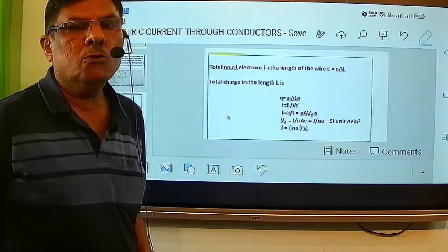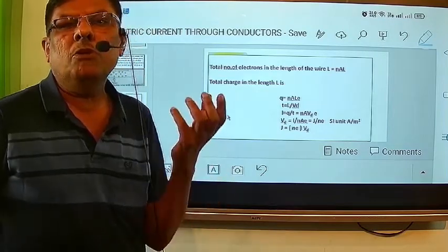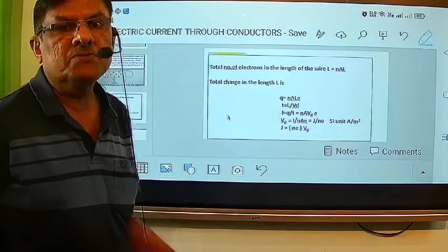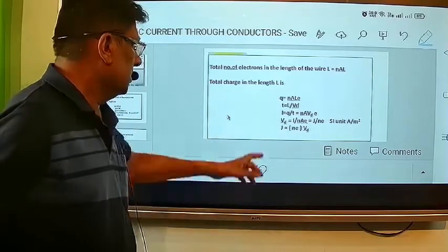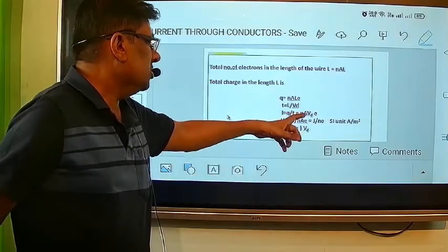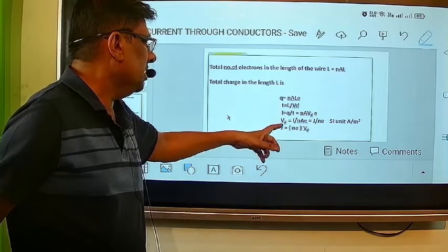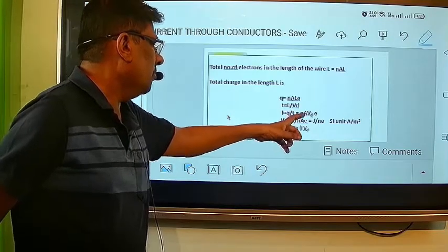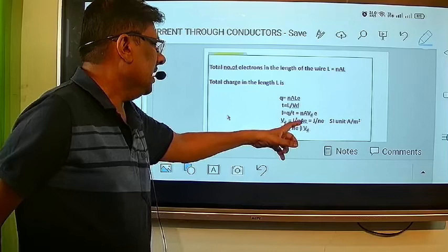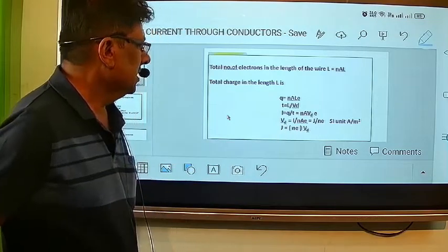Now again I want this equation in the form of drift velocity or drift speed. Then we change the positions of this equation and we get Vd is equal to I upon the remainder, that is NAe.